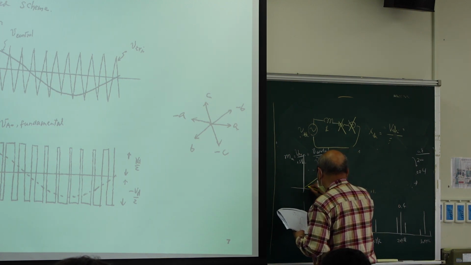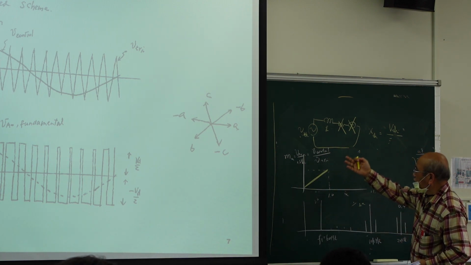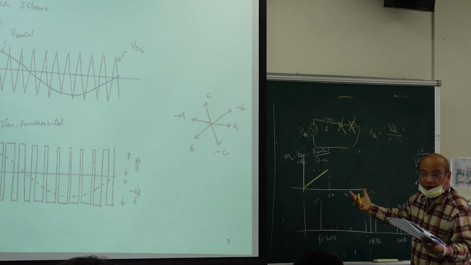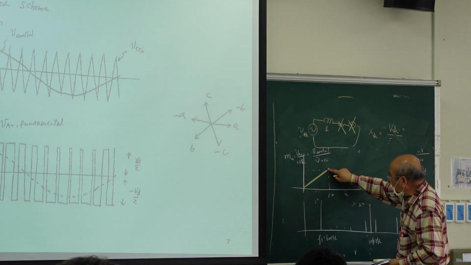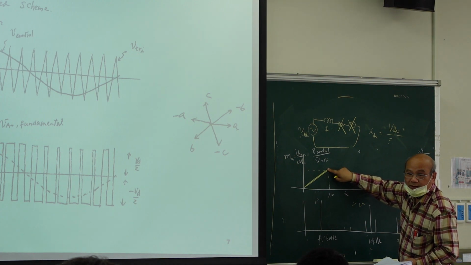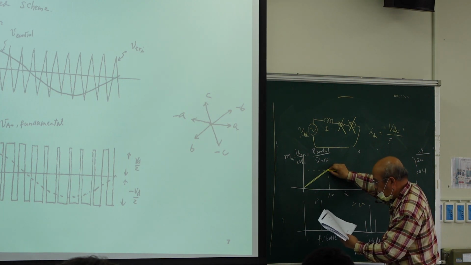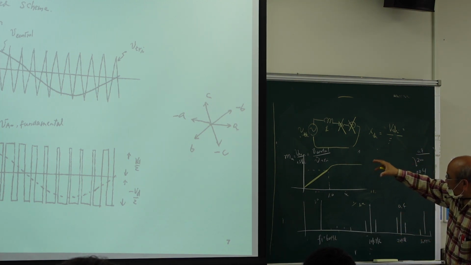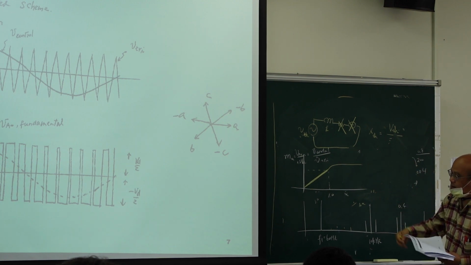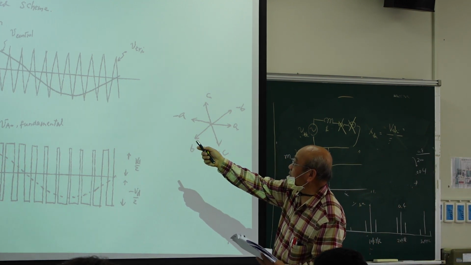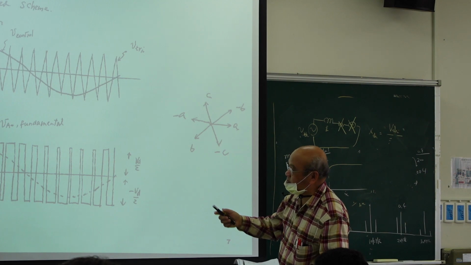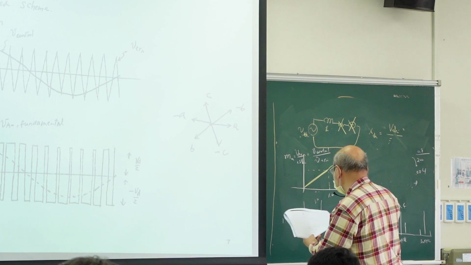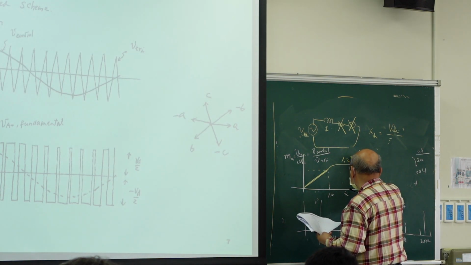So here is linear. If you increase your MA, then your output increases, right? But after that, it becomes a square wave, right? So it is like this. Saturate. So if you increase your sinusoid 100 times, can I get 100 times the output voltage? No. The maximum is 1.278.